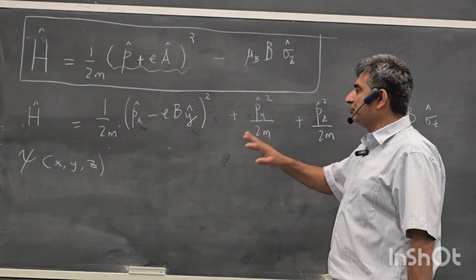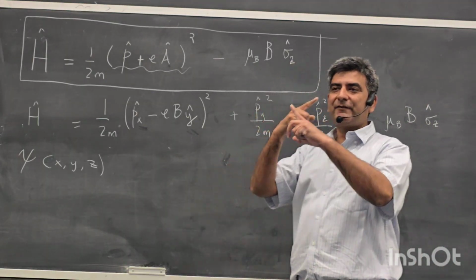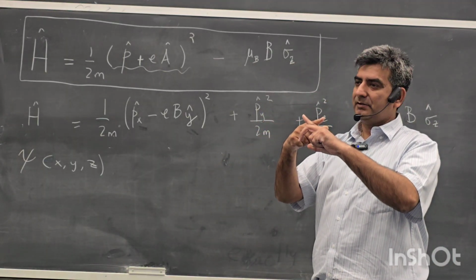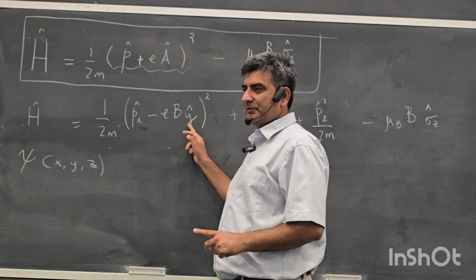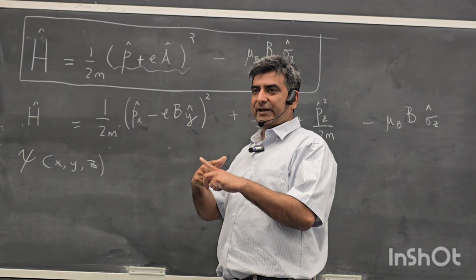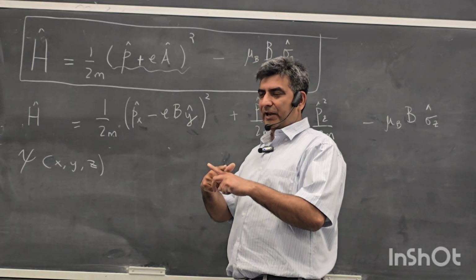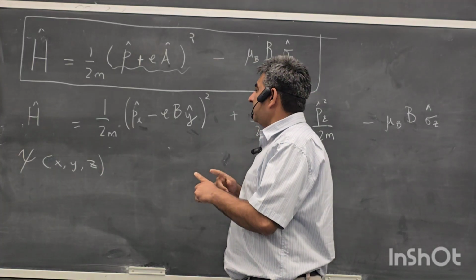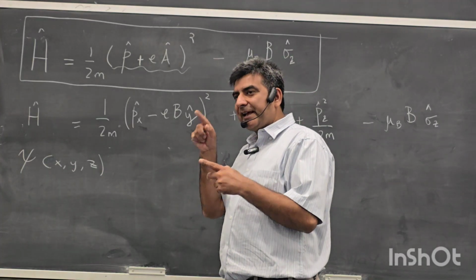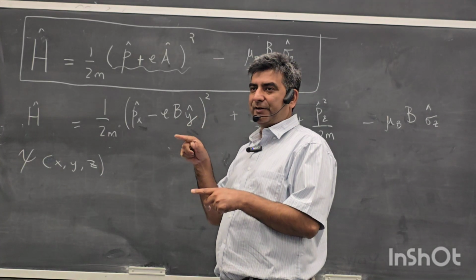We do not have an x coordinate and we do not have a z coordinate. We only have a y coordinate as far as the position coordinates are concerned. We do not have an x operator or a z operator.